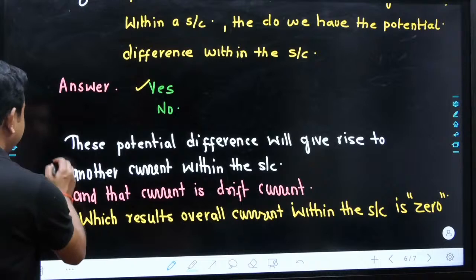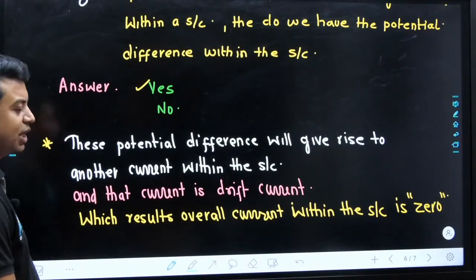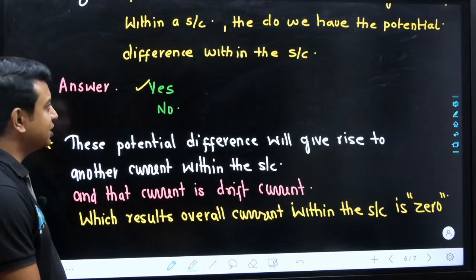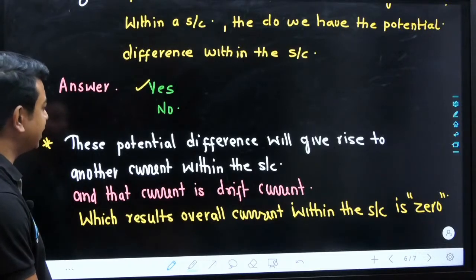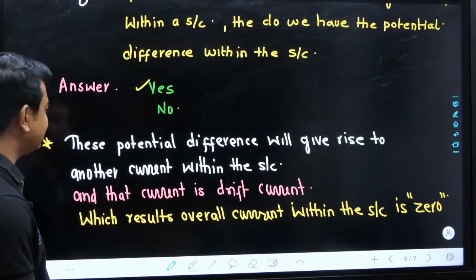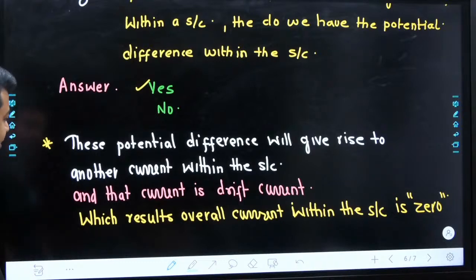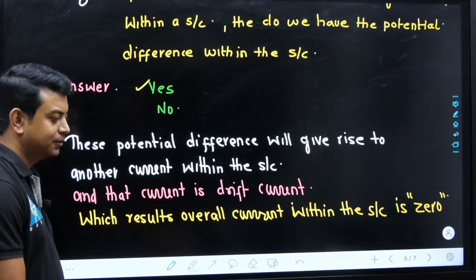So this is a very important point, you just remember this one. Whenever we are having a concentration difference, there exists a potential difference, and if there exists a potential difference, this potential difference will give rise to another current within the semiconductor, and that current is the drift current, which results in the overall current within the semiconductor being 0.